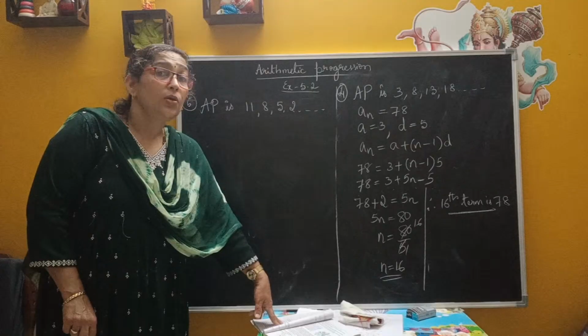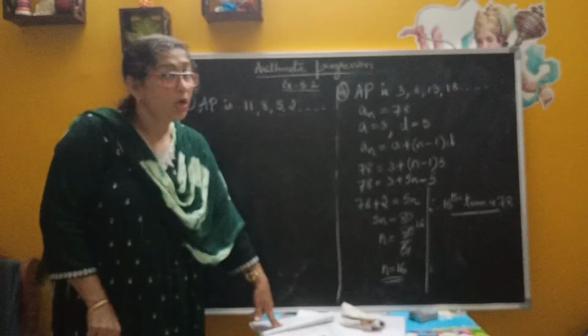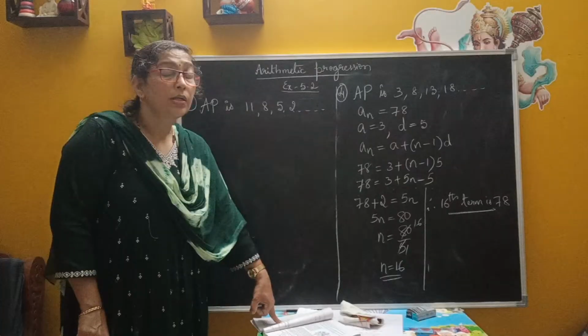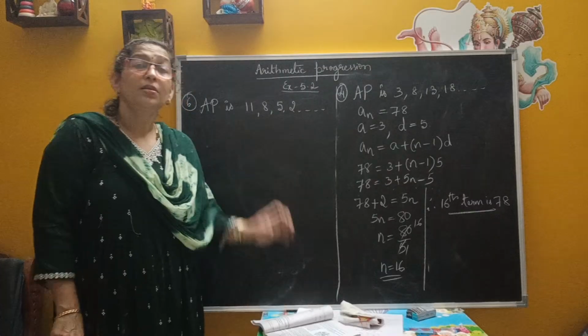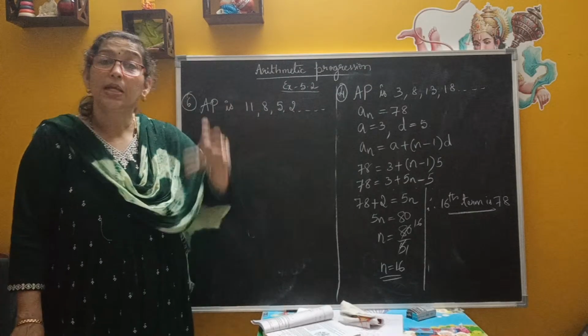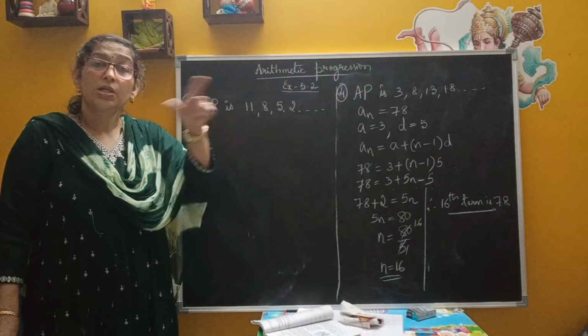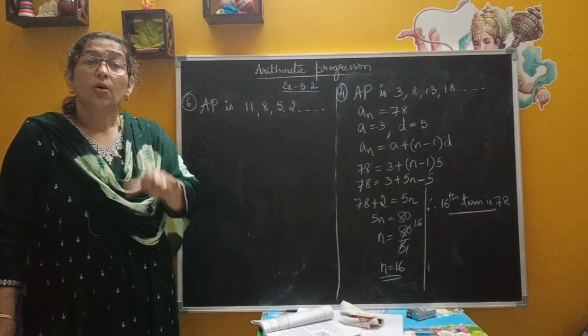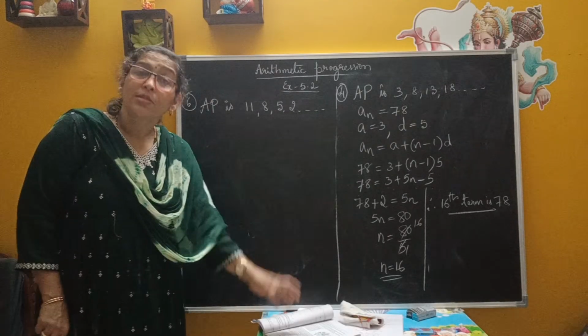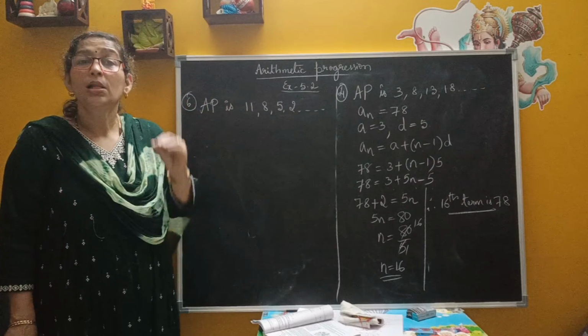The n value cannot be negative, or a fraction, or a decimal number, isn't it? Because n tells which term it is. So it should always be a positive number or natural number.